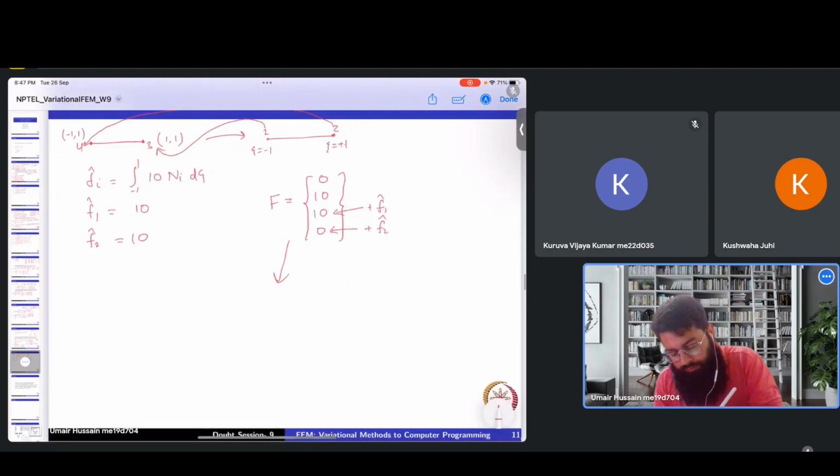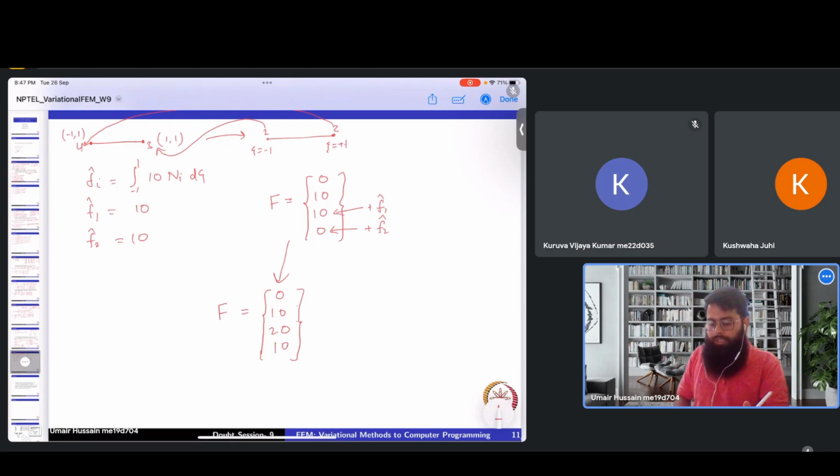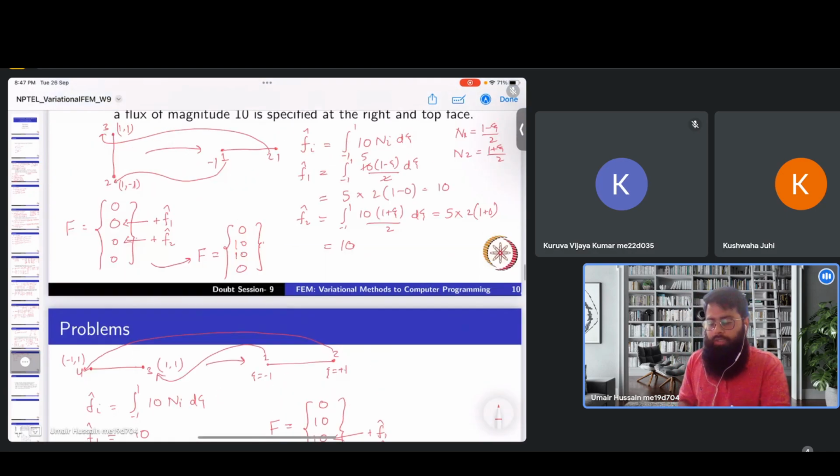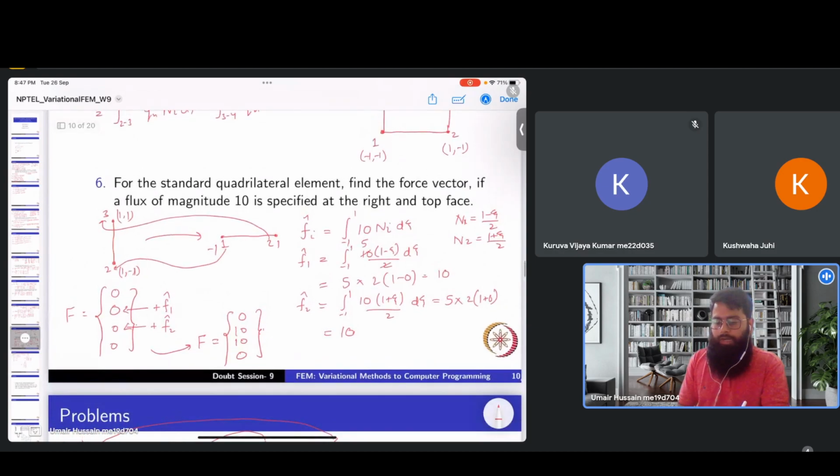So finally our force vector would be 0, 10, 20, 10. This would be our final force vector due to these two Neumann boundary conditions on this element.